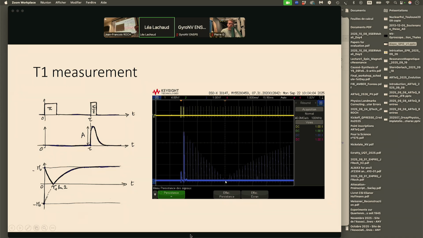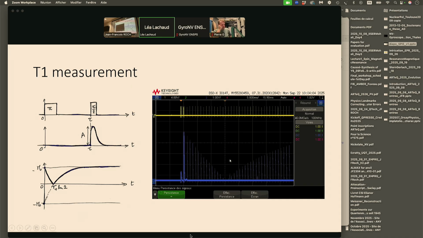So dividing this by log of 2, you obtain a T1 which is approximately 20 milliseconds, which is slightly higher than the T2, but the same order of magnitude.